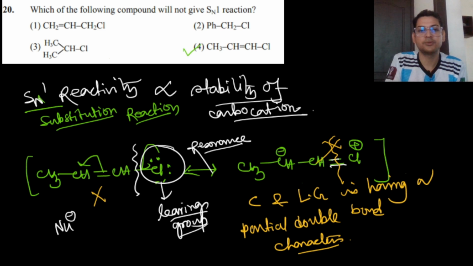Sir, what about the other ones? Yes, I'm writing the first one. I guess first one is looking like this. CH2 double bond CH bond CH2Cl. You see from here, this chlorine, if you want to participate in resonance, you have to break the sigma bond. But that sigma bond breaking is not a resonance.